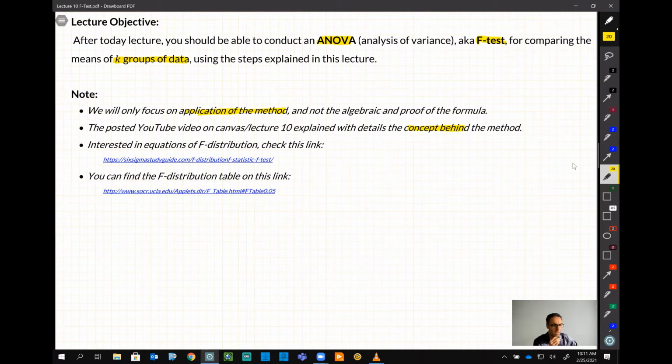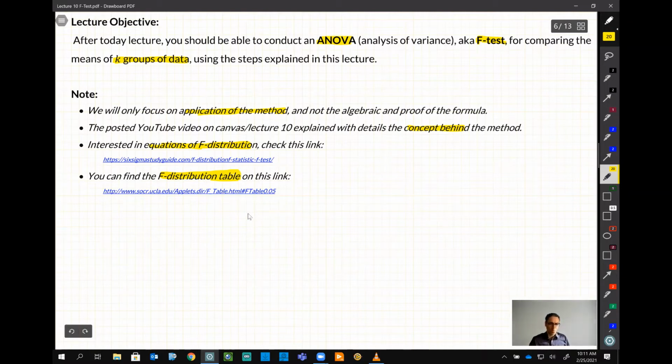If you are interested in the F distribution and its equations, it is in this link. And for the table, which we are going to use a lot, there are many links available, but this one I found pretty accurate and neat.